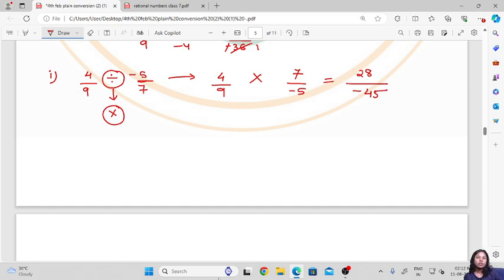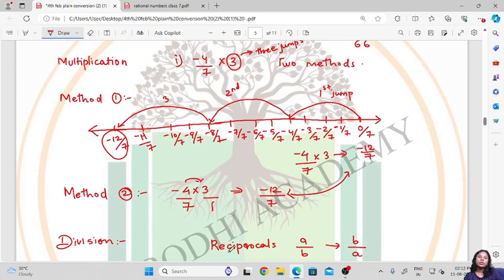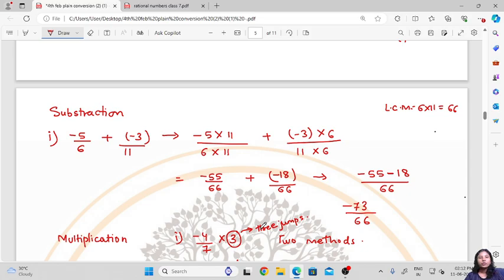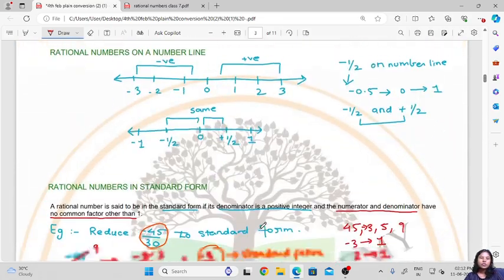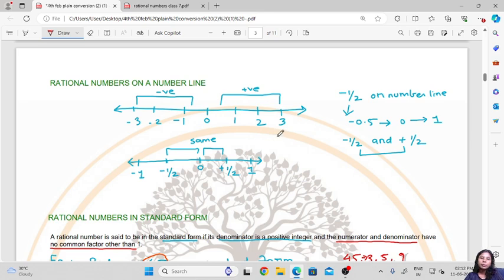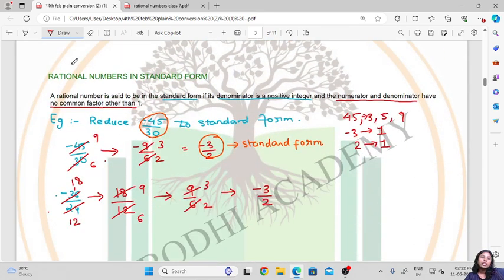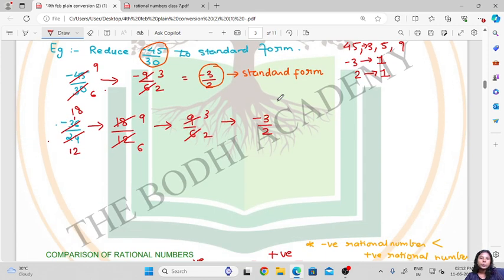Okay, so in today's video let's summarize. We learned rational numbers on a number line, how we denote rational numbers on the number line. Then we learned to reduce rational numbers to their standard form, that is the denominator is a positive integer and the numerator and the denominator do not have any common factor other than 1.